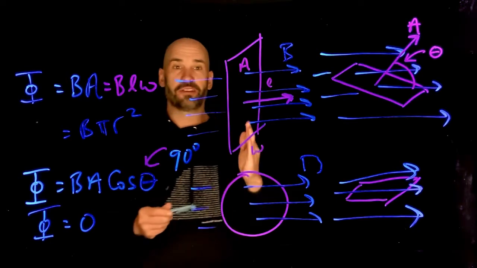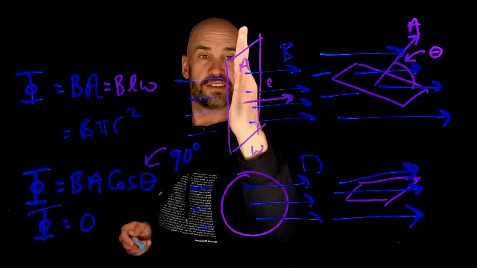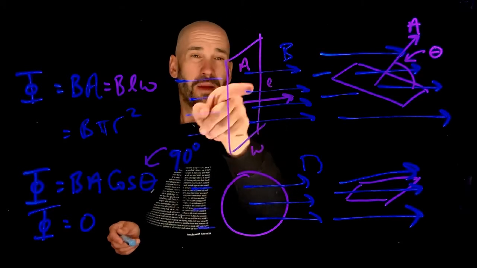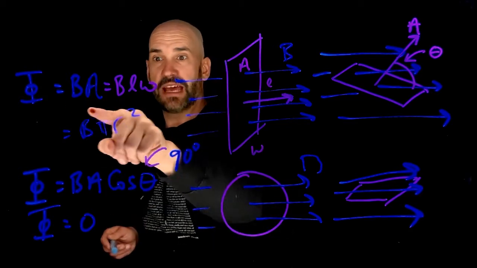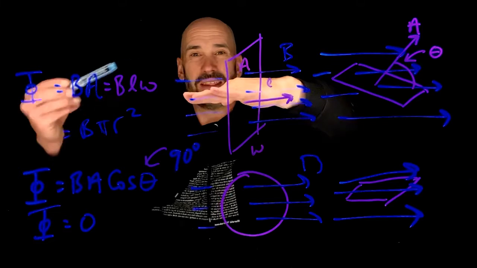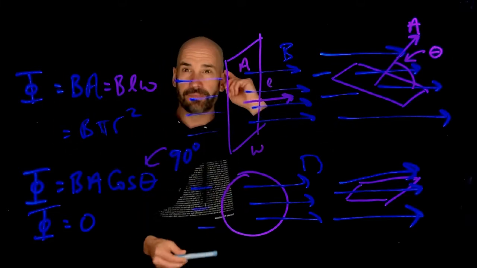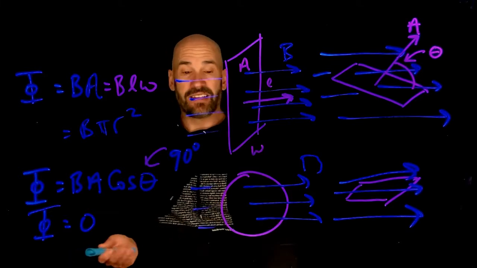So the flux can range from the surface being perpendicular to the B field, with the area vector parallel, which gives maximum BA, all the way down to totally flat, where the B cannot penetrate it whatsoever. That's basically the concept of magnetic flux.